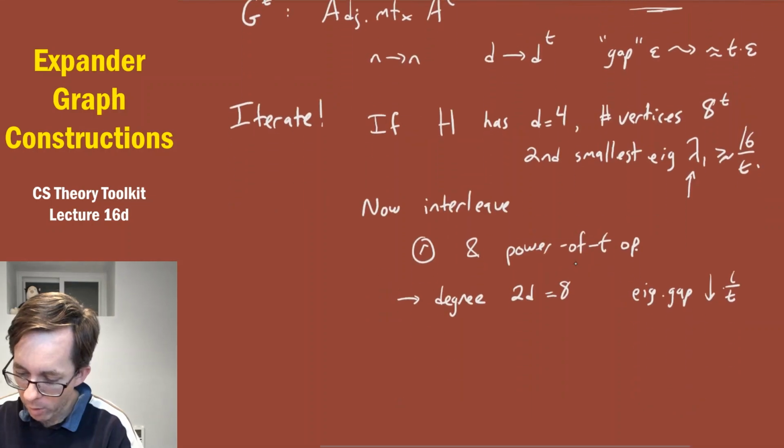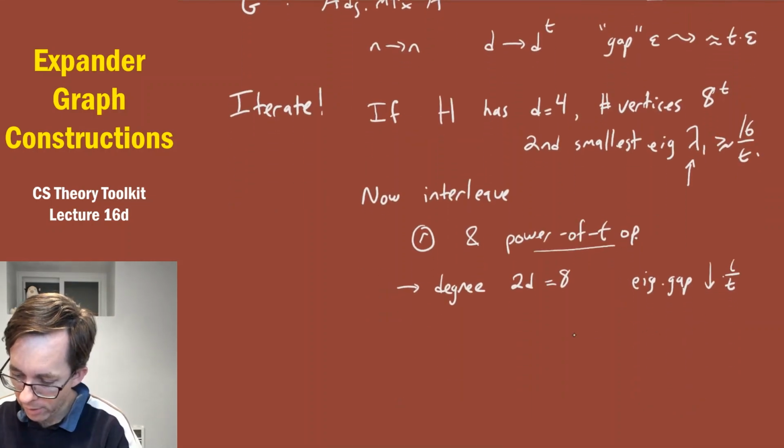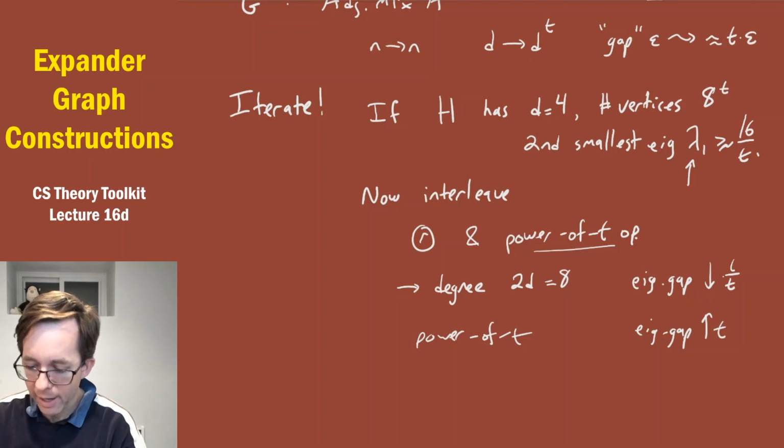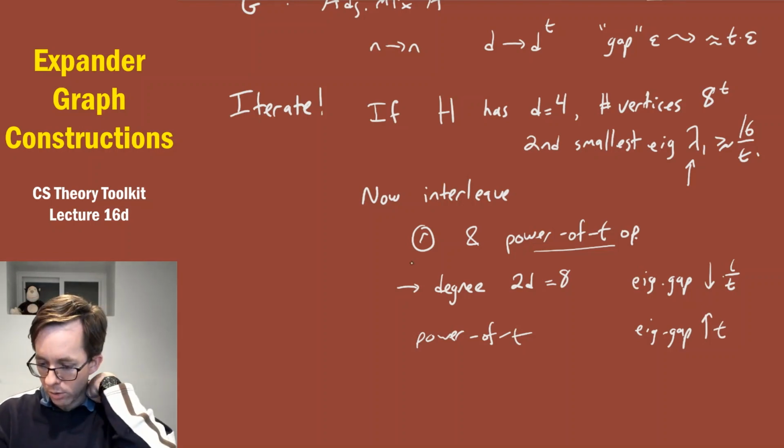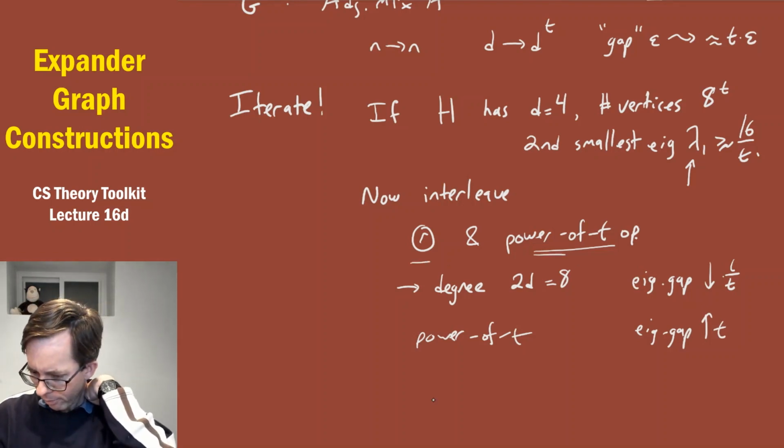But then when we take the power of t, the eigenvalue gap basically goes back up by t. So the eigenvalue gap stays constant when you do these two operations.